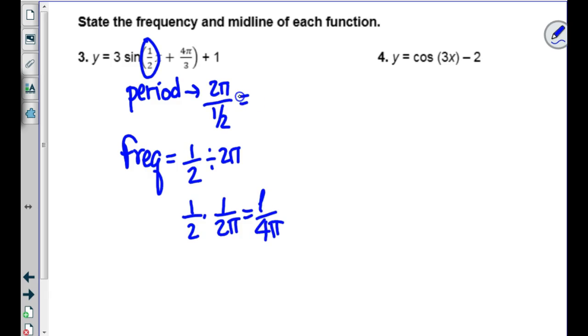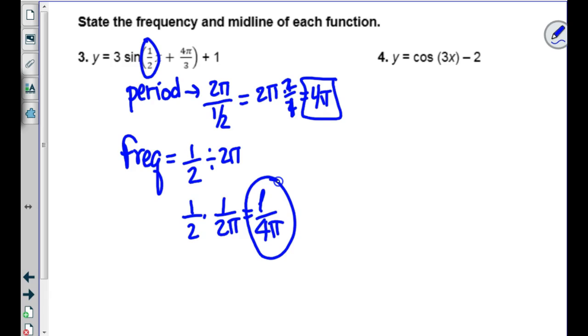If I had finished this, it's 2 pi times 2/1, or 4 pi. Right? The period was 4 pi. I should have finished it because then the reciprocal would just be 1/4 pi. I didn't explain that well. If you find the period, then you just do the reciprocal to find the frequency. If you were typing that in your calculator, you'd need parentheses around the 4 and the pi, but we don't have to do that.